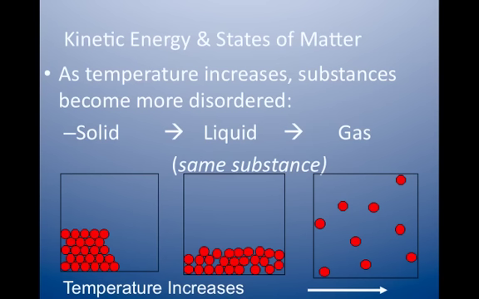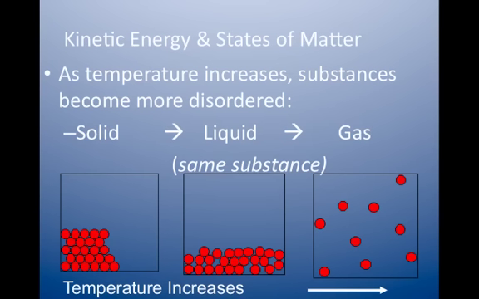And so as you increase temperature, the same substance, and we'll take water because it's the easiest one to relate to, water starts as a solid at low temperatures, and then if you increase the temperature, the particles break their intermolecular hydrogen bonds and become a liquid. And then if you continue to heat it, increasing the temperature, the particles speed up more, move faster and faster and faster.